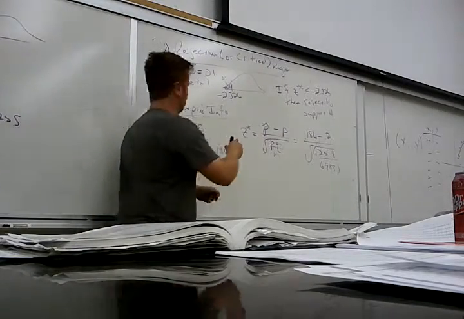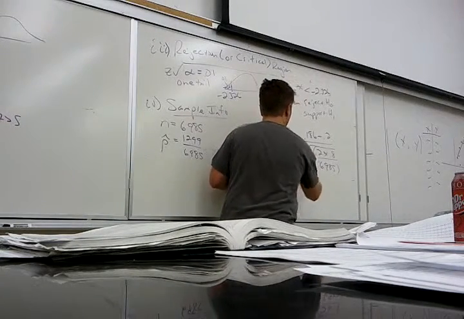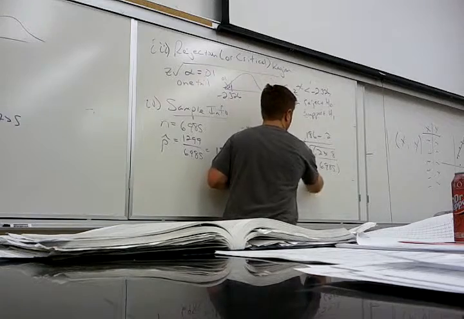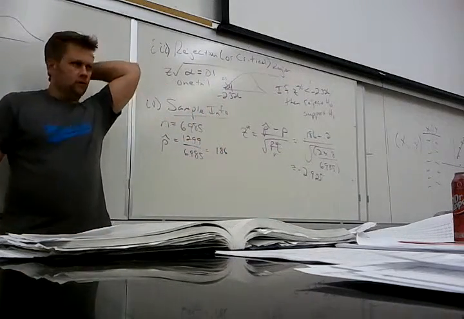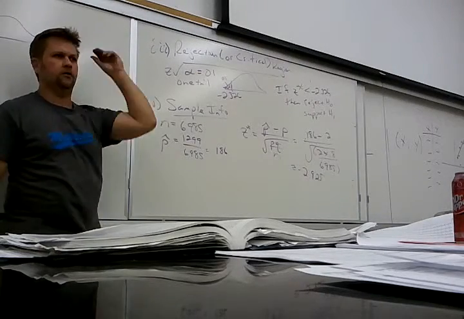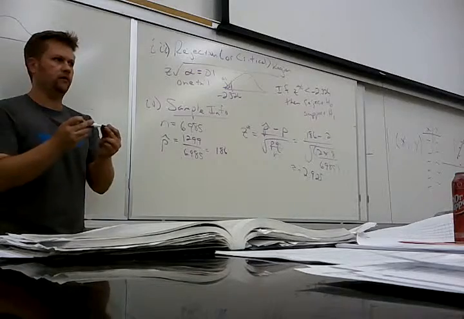What do you get? Negative 2.925. Is that what everybody else got? Okay, cool. So going back to my rejection region, did we make it far enough? Yep.